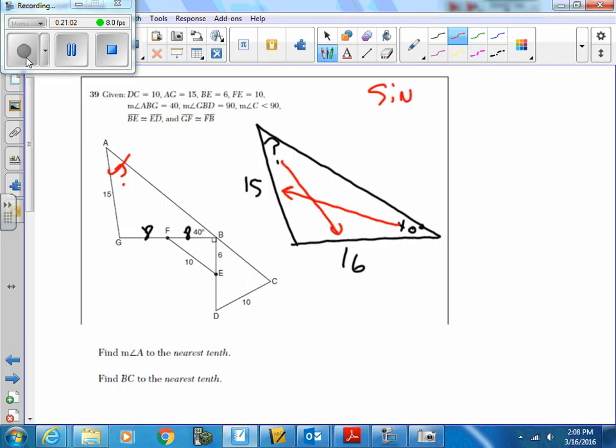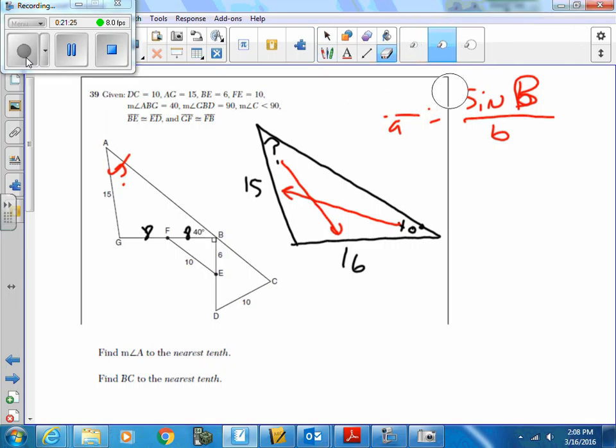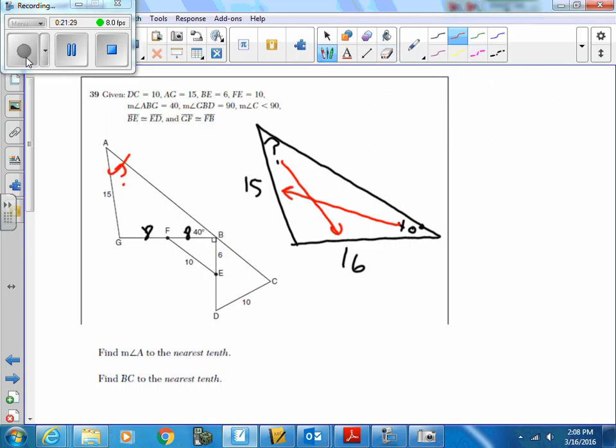So the sine of A over A. Incidentally, if you want sine of A over A equals sine of B over B, it's going to be the same thing. I know on the reference sheet it's A over sine of A, but if you switch both of them, it'll be okay. I'll keep it the way the reference sheet has it, just for being consistent.